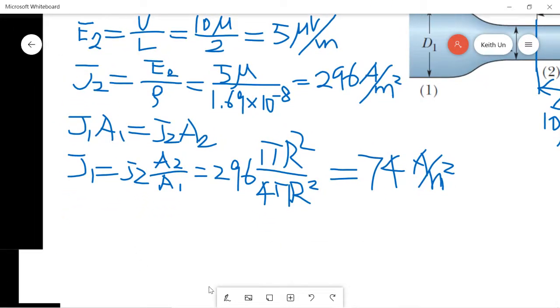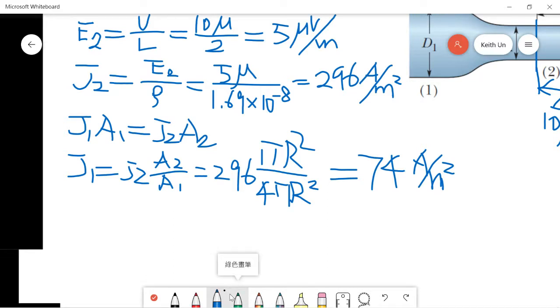So finally, we can calculate the drift velocity using J equals nevd. So in the lecture, we have J equals nevd. So we divide nd on both sides.